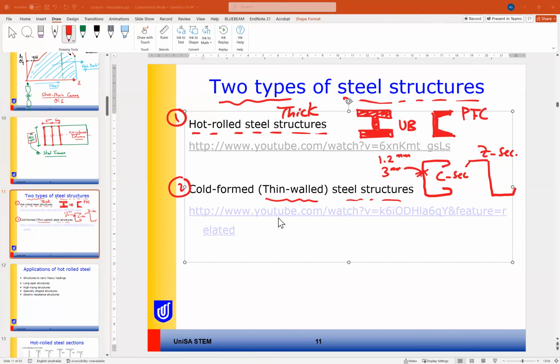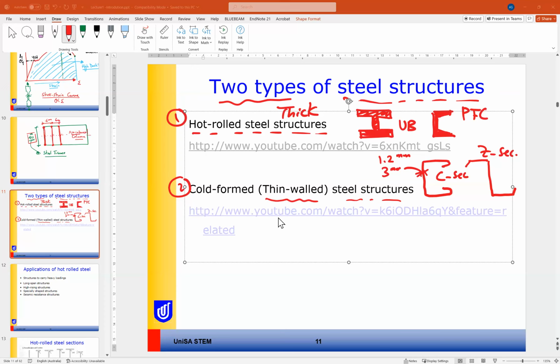Okay, so this was hot rolled steel section manufacturing. The idea in hot rolled, from the name, is that the steel needs to be under high temperature so that it loses its strength, so that we are able to form it or roll it.